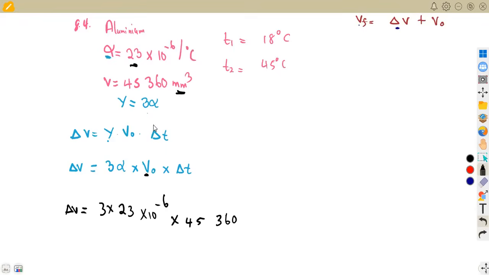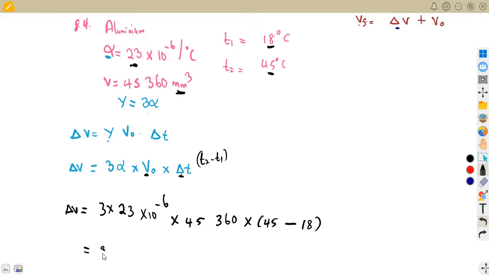Take note, these are cubic millimeters. Times the change in temperature, which simply means T2 minus T1. So this is our change in temperature, T2, which is 45 degrees Celsius, minus T1, which is also 18 degrees Celsius.